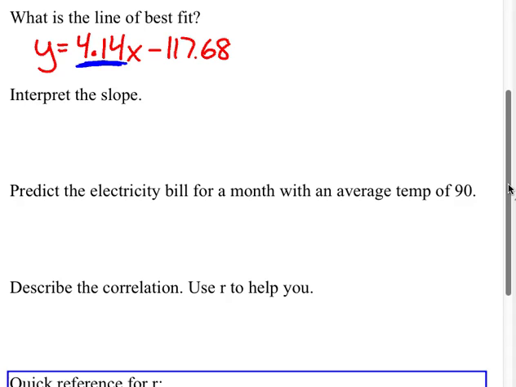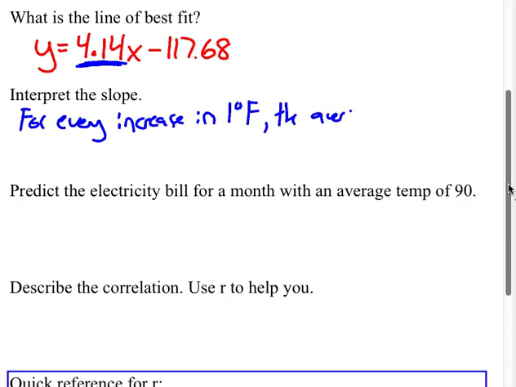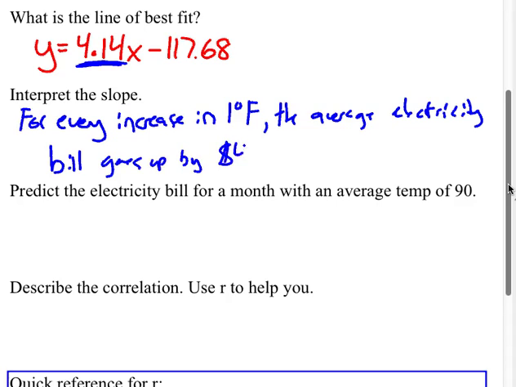Well, basically what it's saying is for every increase in 1 degree, so every increase of 1x, so every time x goes up by 1, what's happening? The average electricity bill goes up by 114.